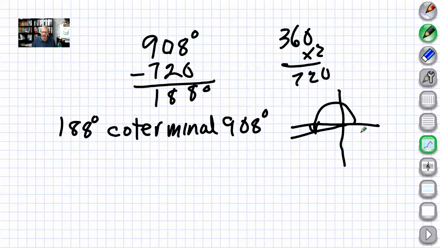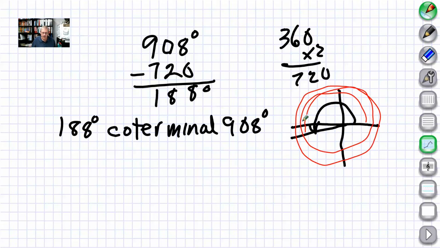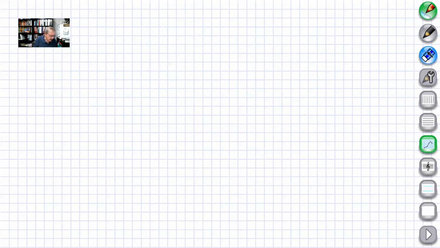And a 908 degree angle is the same thing. But this angle went around once, twice, and almost 2.5 times. But this is the same angle, 908, 188. Okay. All right, let's try another one.